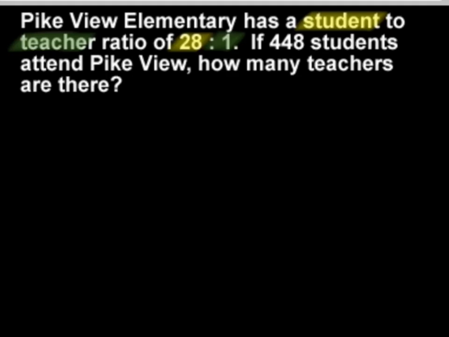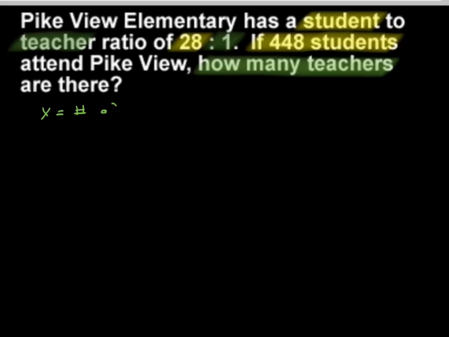So if there are 448 students, how many teachers are there? So that's my x. So let's write that. X is always what it's asking. X equals number of teachers. Alright, so that's how we know what x is.